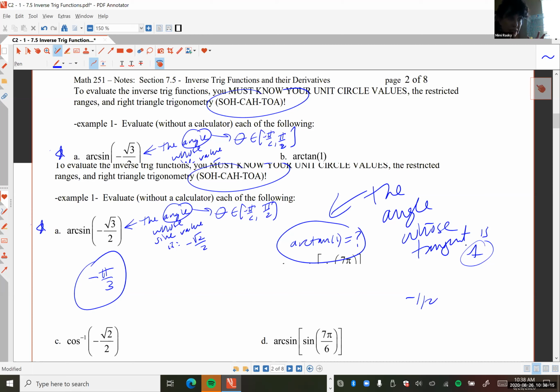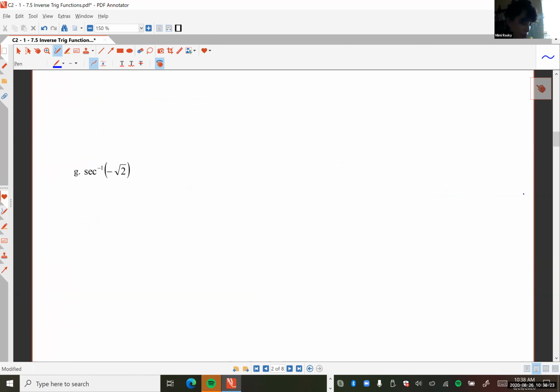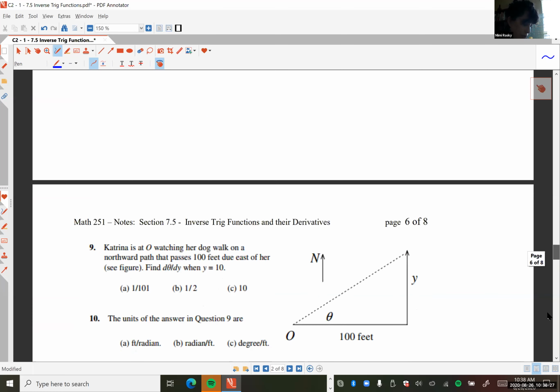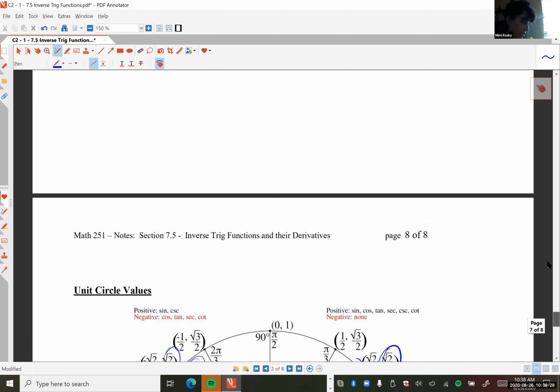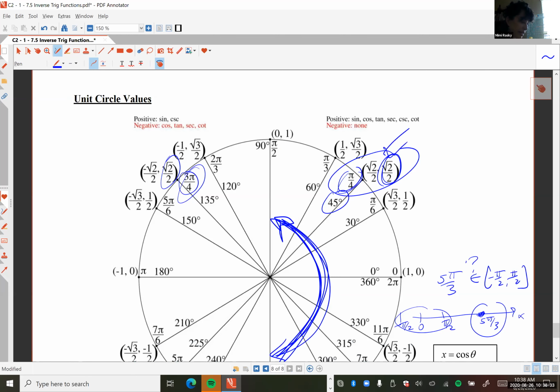Since tangent is sine over cosine, it would mean both sine and cosine have the same values. If you look down here on your unit circle, do you notice that pi fourths has the same sine and cosine value? So that's going to give us an angle whose tangent is 1.